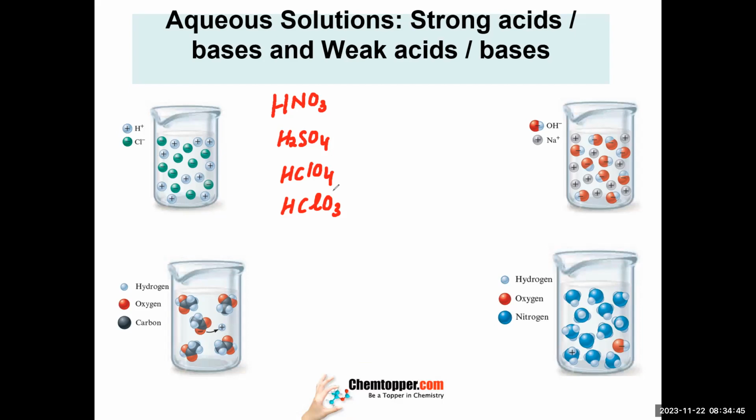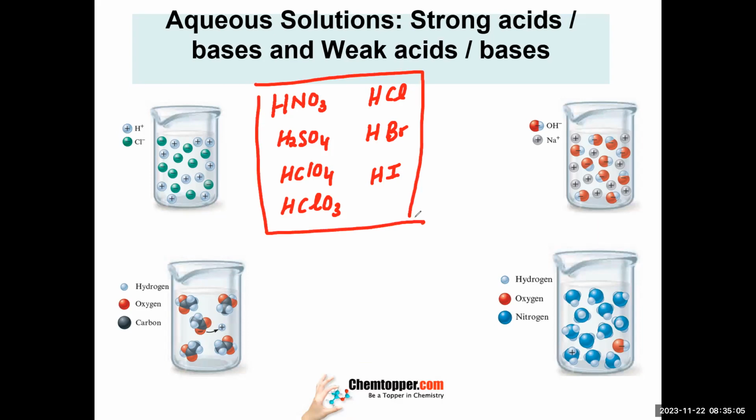So these are acids. I'm writing a few more acids: HCl, HBr, HI. I'm taking a particular category. The acids which I have written here fall in two categories if you remember: oxygen containing and non-oxy.